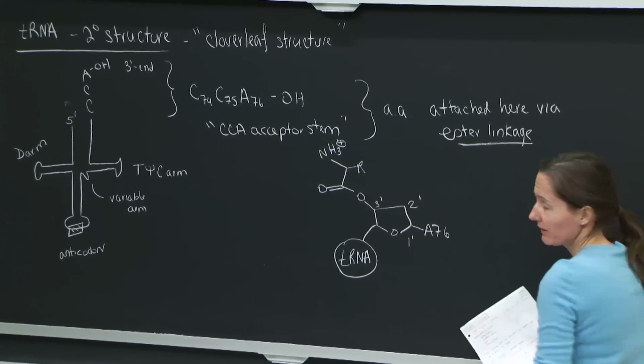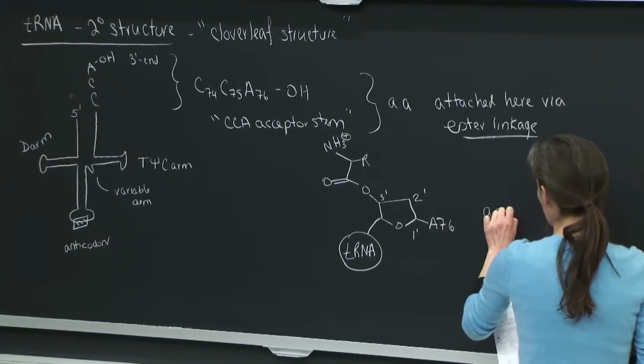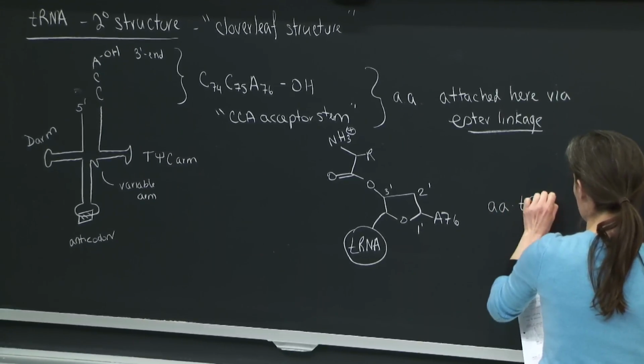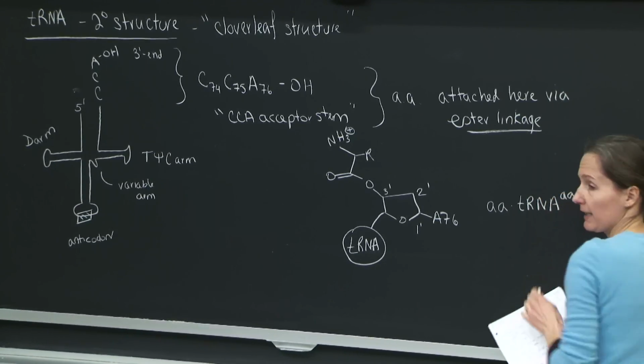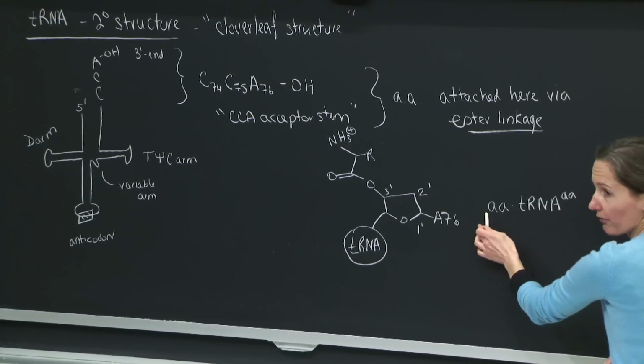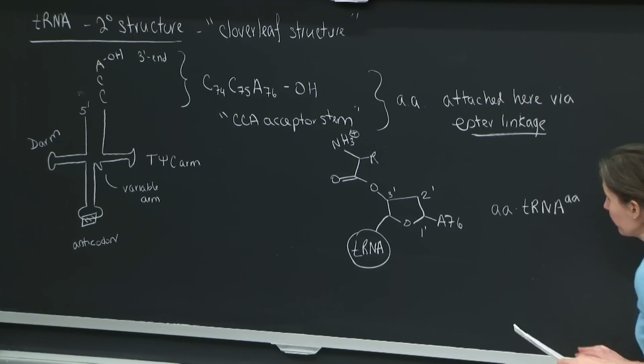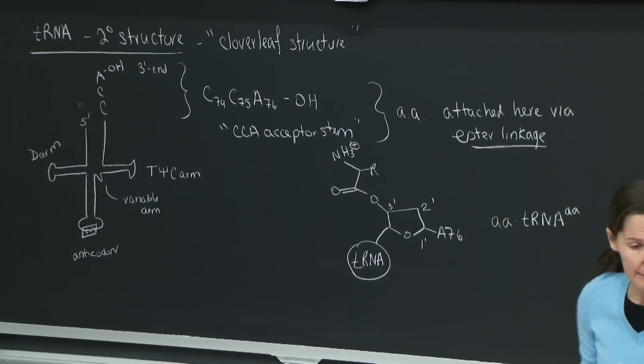This type of connectivity here. And this is abbreviated throughout as amino acid tRNA, AA in general terms, or the three-letter abbreviations, like what we saw for fMet-tRNA fMet with the initiator tRNA here.